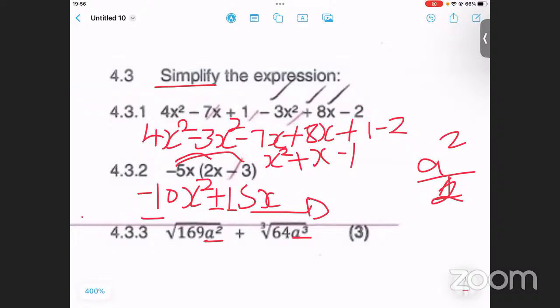Perfect. So another way of doing it: remember, when you want to remove a square root, you're going to use an exponent of 1 over 2, right?